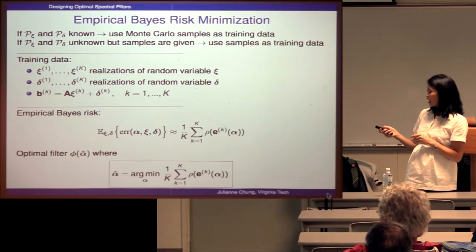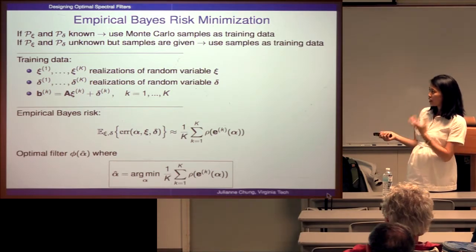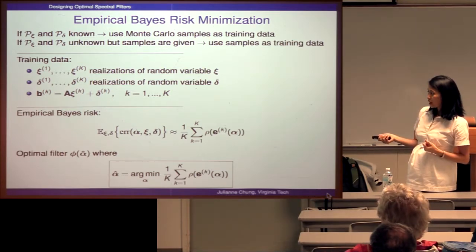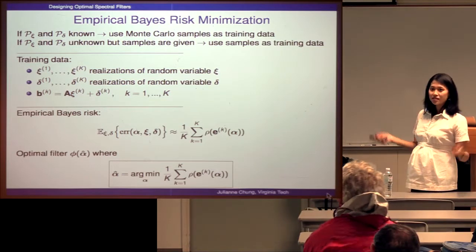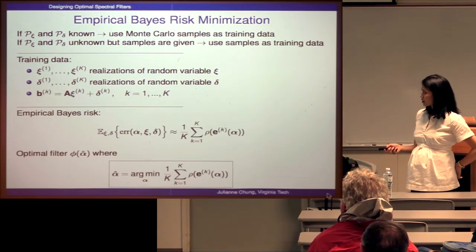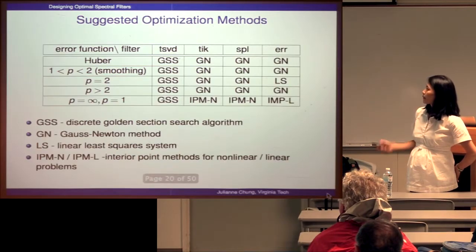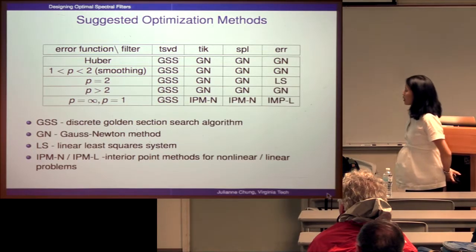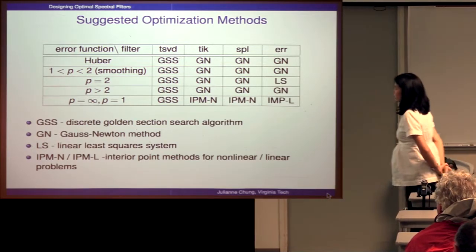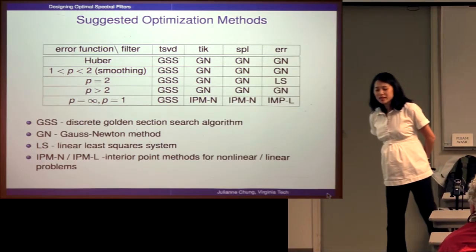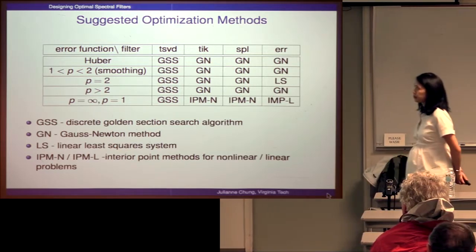At the end of the day, what are we doing? We're saying, given our training data, we want to find the parameters that minimize this average error. We have a couple of suggested optimization methods. We don't claim that these are the best, but they're suggestions.